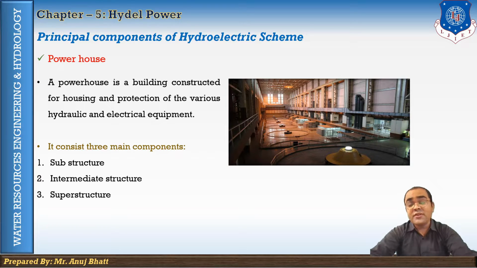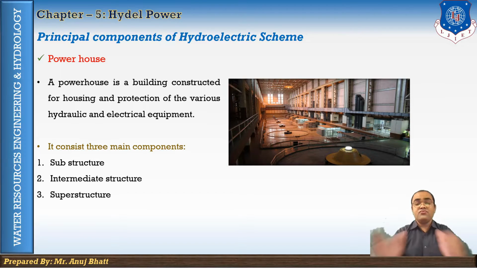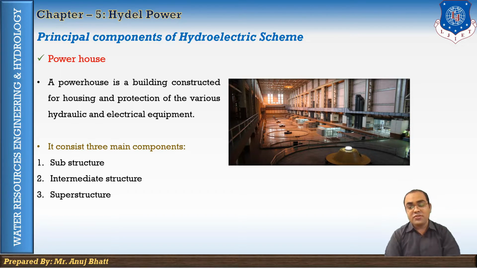The substructure of a powerhouse consists of a large foundation block that is situated below the turbine level. It is usually a monolithic concrete block with suitable waterways formed within the surface. The draft tubes are generally cast monolithically with the substructure when the concreting is done.